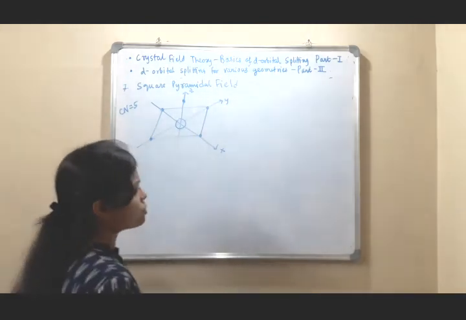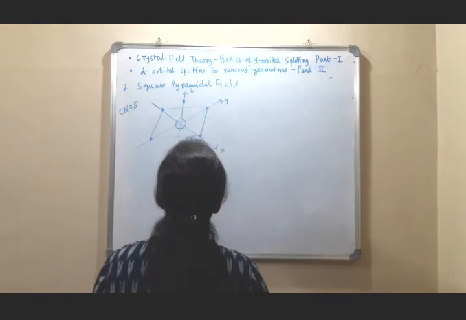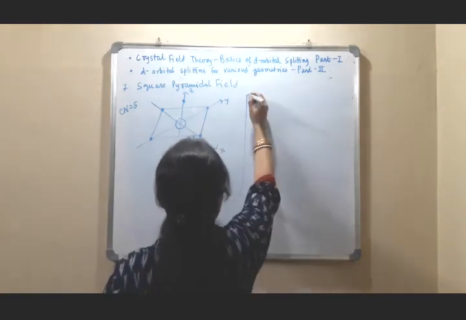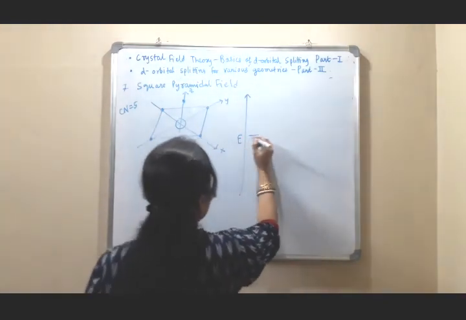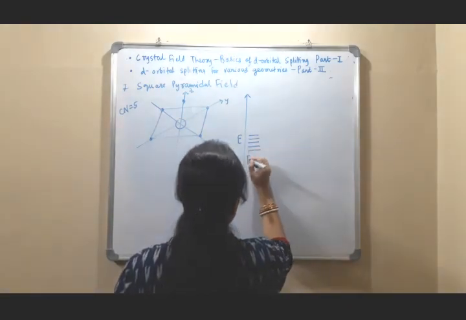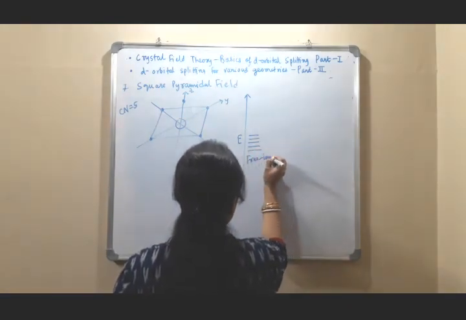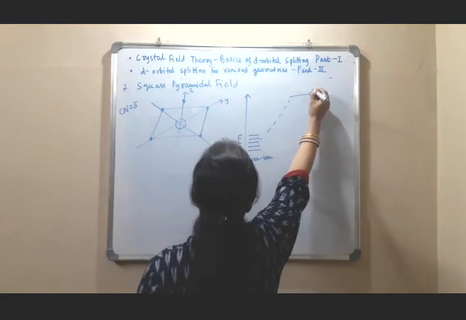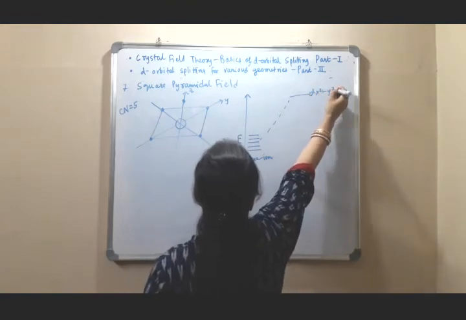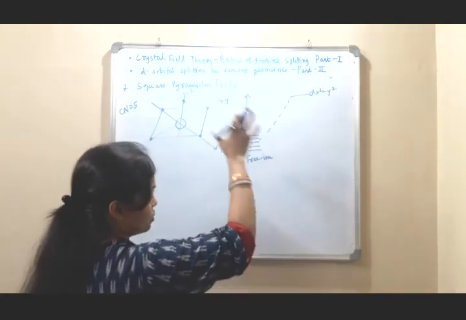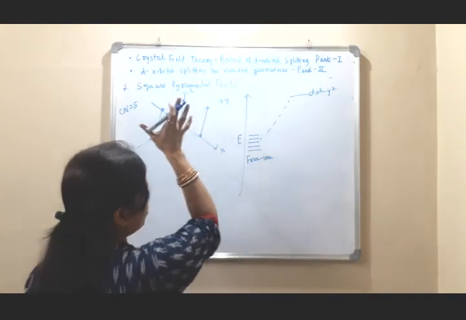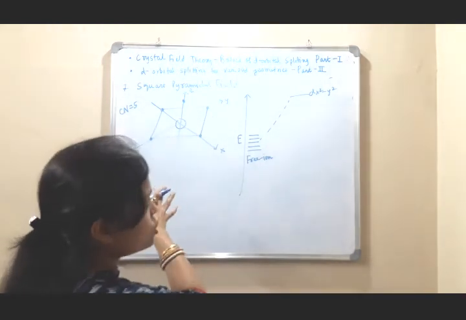Okay, so what will be the splitting pattern? Let me show you. If this is the energy diagram, this is the free ion, then what will happen? dx square minus y square will be highest. It will be most energized because it will be strongly repelled as all the four ligands are in the xy plane.